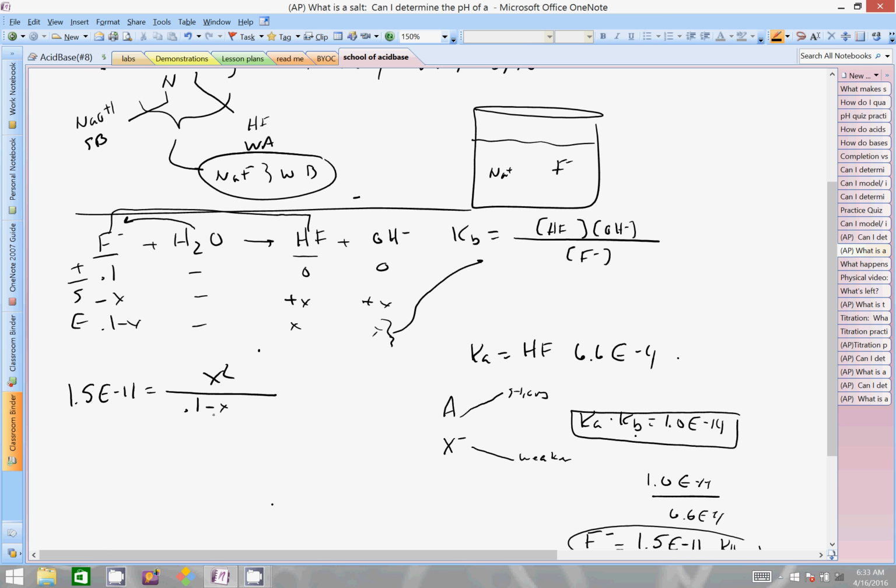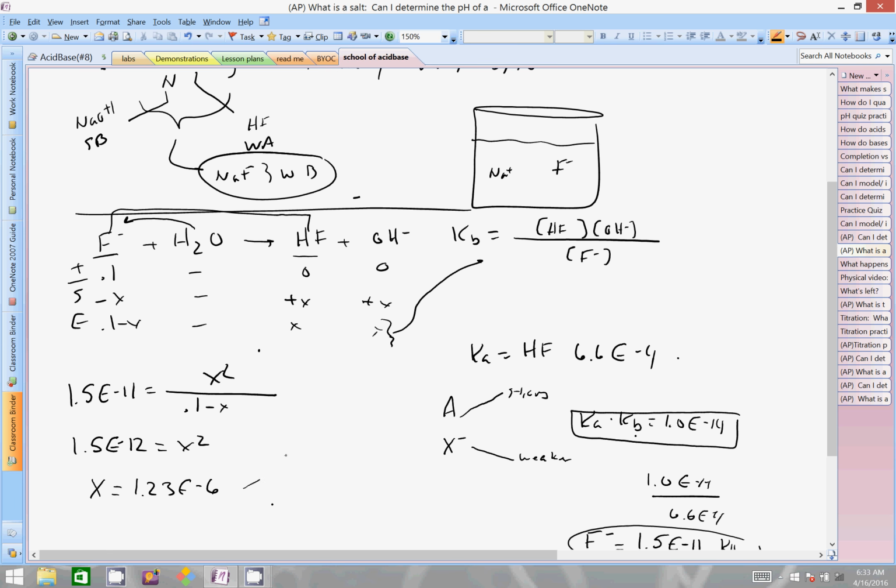Utilize the shortcut rule. I multiply up to get 1.5 e to the negative 12th, getting smaller, equals x squared. So I have times 0.1 and then square root that value. I get x equaling 1.23 e to the negative 6th.